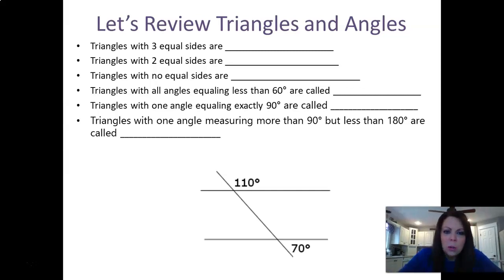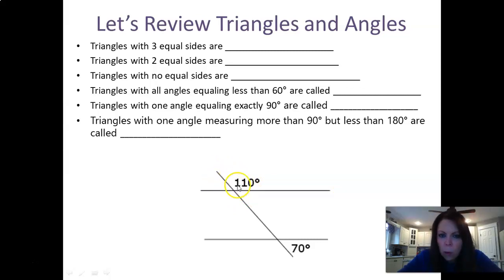All right, so when we look at these down here, this 110 degree angle would be called an obtuse angle. But this one right here, I can figure out how much this angle is without even having a tool to measure it, because when we see angles that are directly across from each other or right next to each other on a straight line, I know that this whole straight line is 180 degrees.